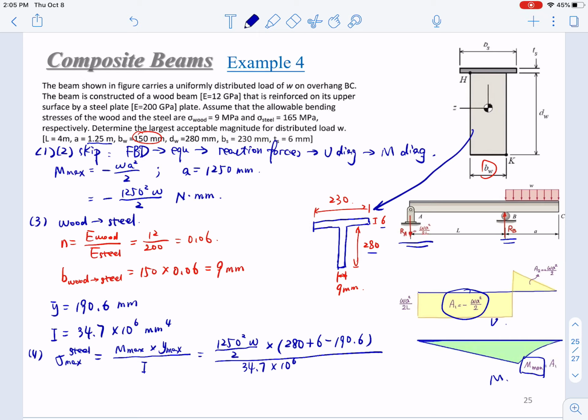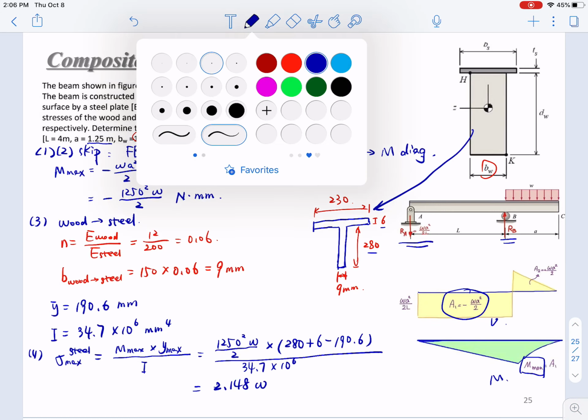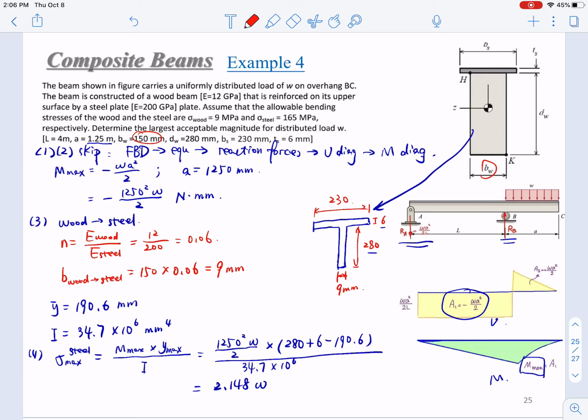So here we will get 2.148 W. And this is not larger than 165, so we can derive that W has to be not higher than 76.8 Newton per millimeter.